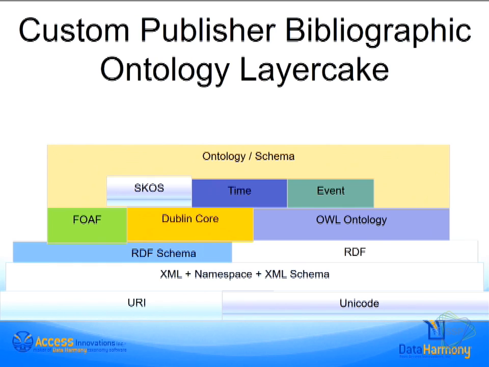So for an individual publisher, your system might look something like this. You're building on all these basic and well-known now, or at least well-established systems like the Universal Resource Locator, Unicode, XML, maybe with some namespaces and certainly with a schema or a DTD, using the RDF syntax and an accompanying schema, and then maybe OWL or some kind of a published ontology.